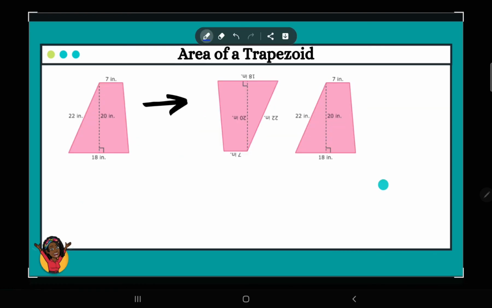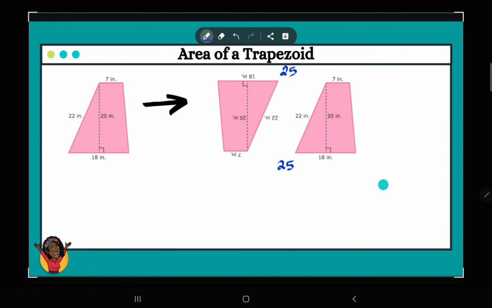Okay, here we go. So we have the trapezoid here, and now we're going to put the two trapezoids together to create the parallelogram. Now, when I combine these two, I have 18 plus 7, which is now going to make that new dimension 25. And the same thing is going to happen here on the bottom.